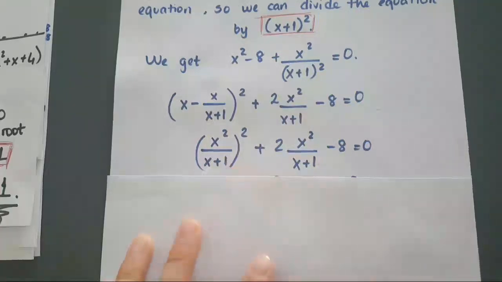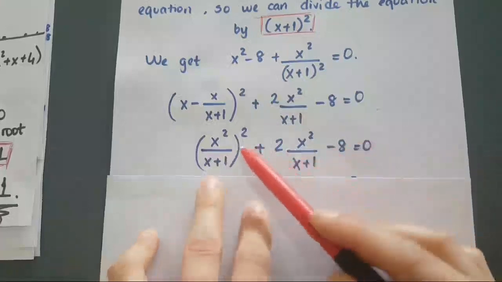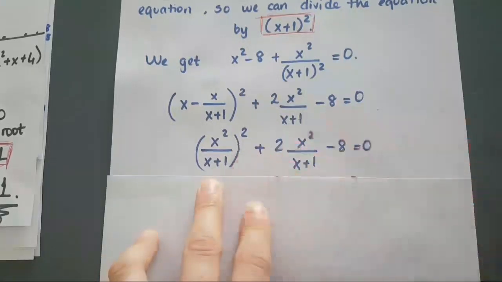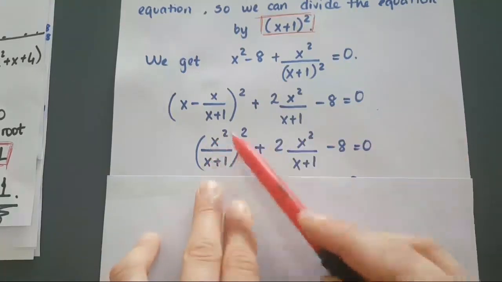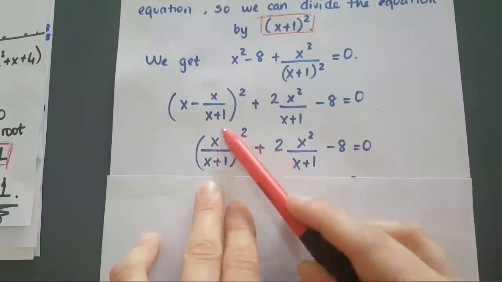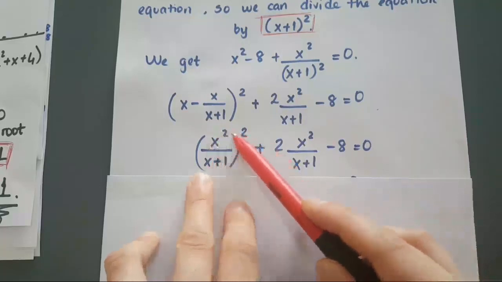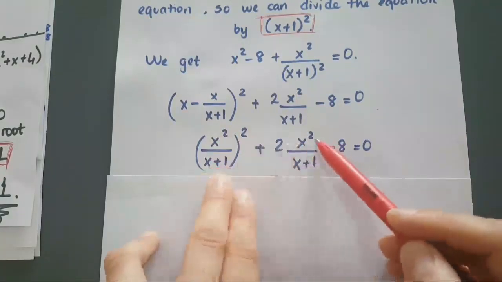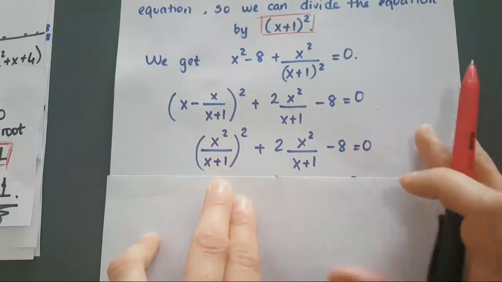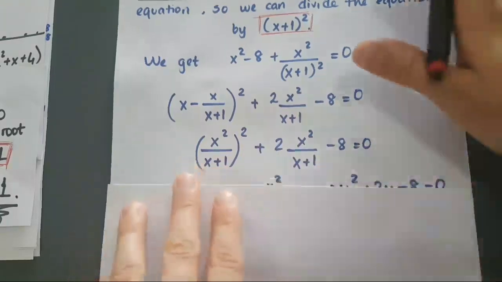Let's see, does this look like a quadratic expression? Yes, it does. I can use a helping variable here. I have the perfect square of x squared over x plus 1, plus 2 times x squared over x plus 1, minus 8.